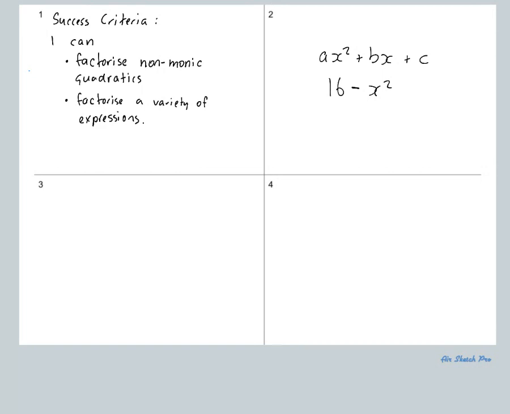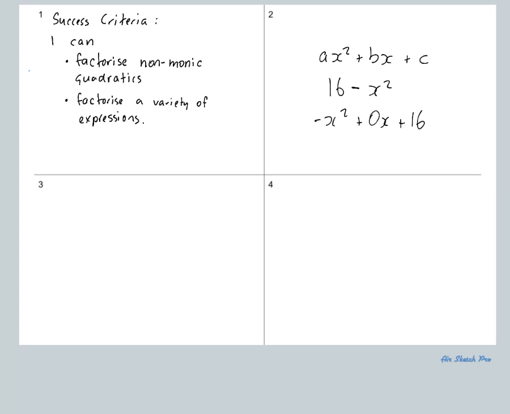It's a quadratic, because if I wanted to, I could write it as negative x squared plus 0x plus 16. So a is -1, b is 0, and c is 16. So it is a quadratic, even though it's not a normal-looking quadratic. Effectively, the only thing you really need is an x squared in there somewhere.